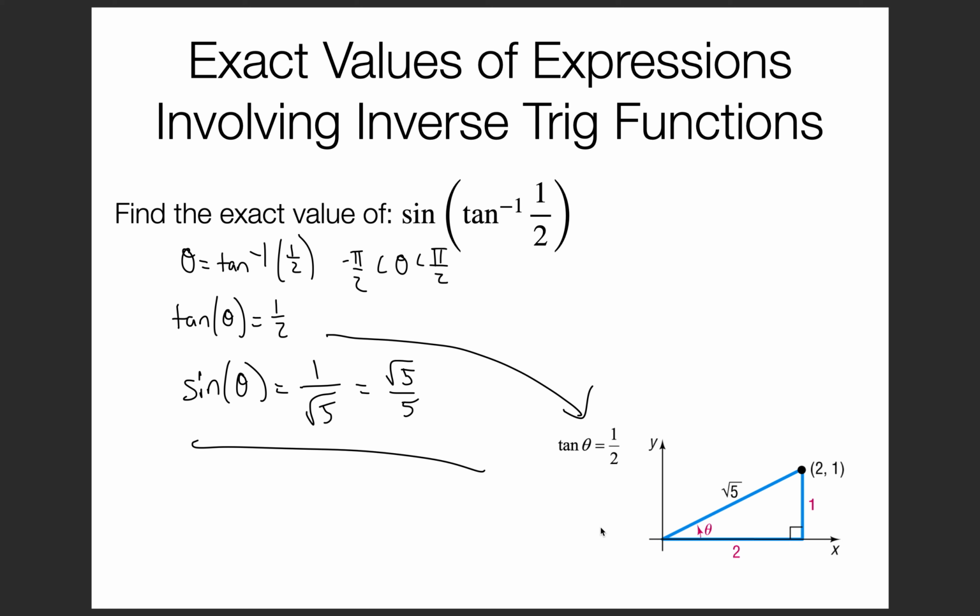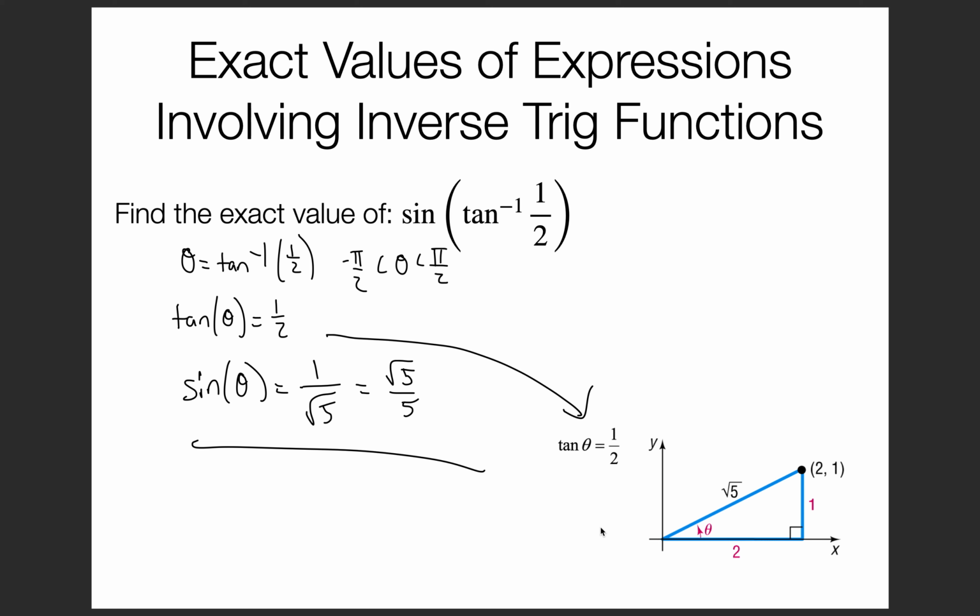So we take the tangent of both sides, and what comes out after some algebra is that the tangent of theta is equal to 1/2. And I know that theta lies between -pi/2 and pi/2, not inclusive, by the definition of inverse tangent. So now I have some information about theta.